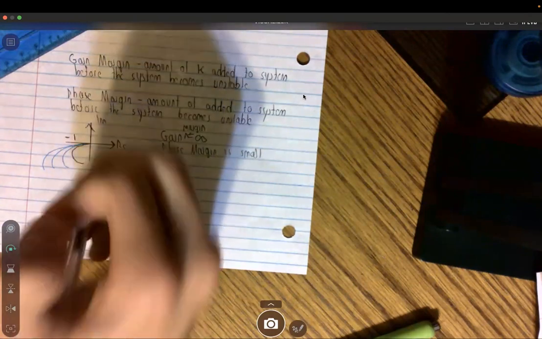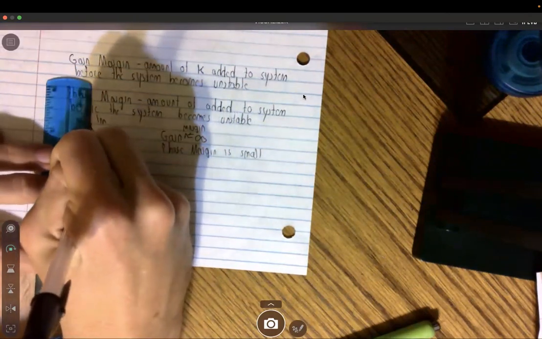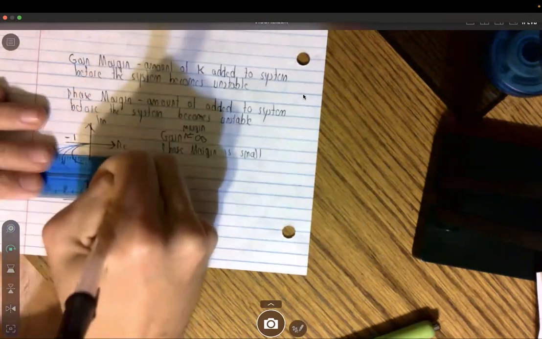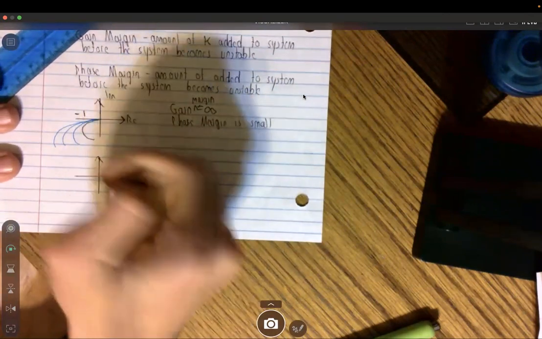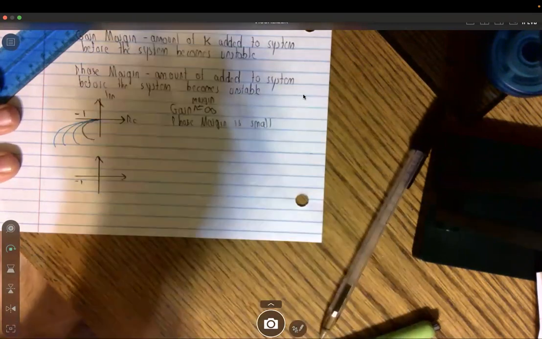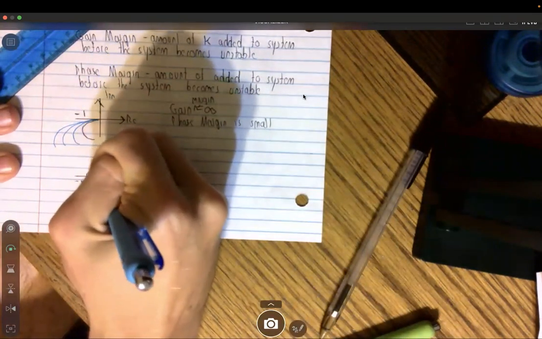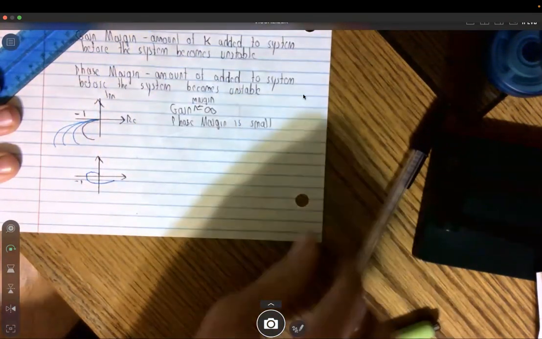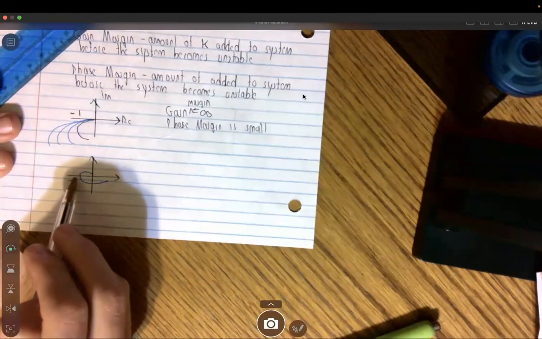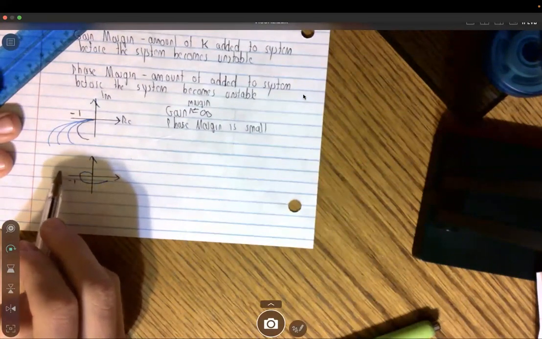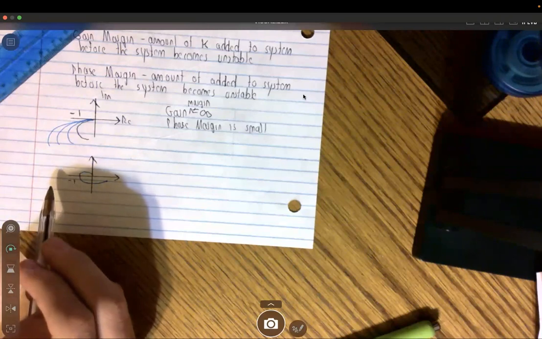And then let's look at another example where we're trying to get an understanding behind this, where we have -1 here, and we have a gain margin.